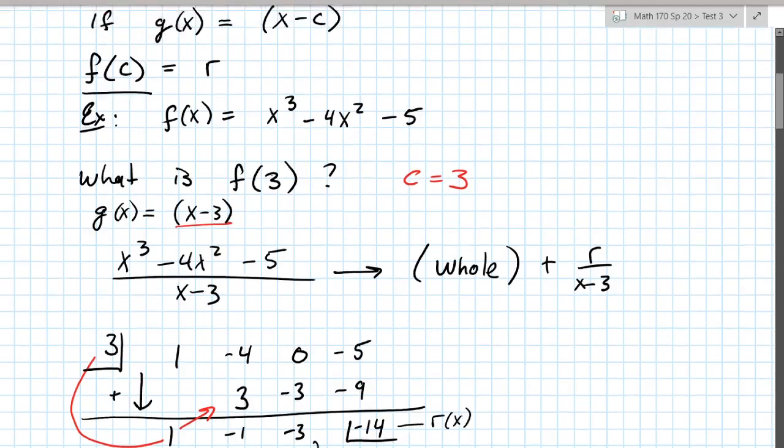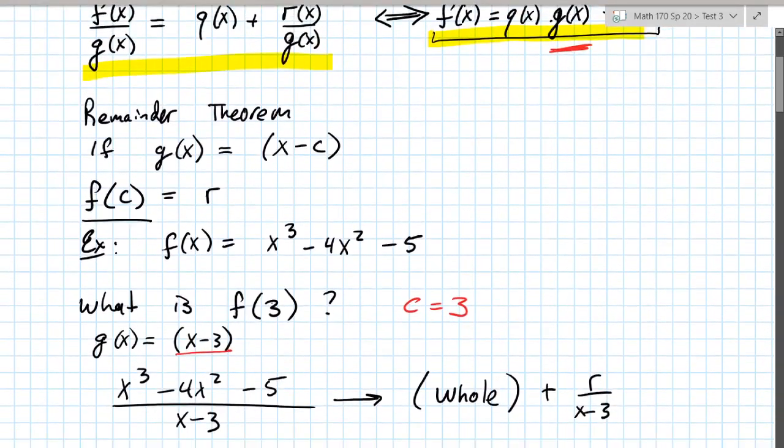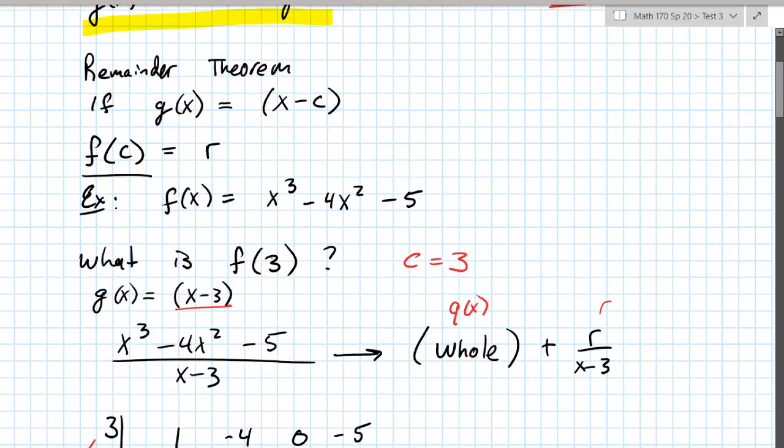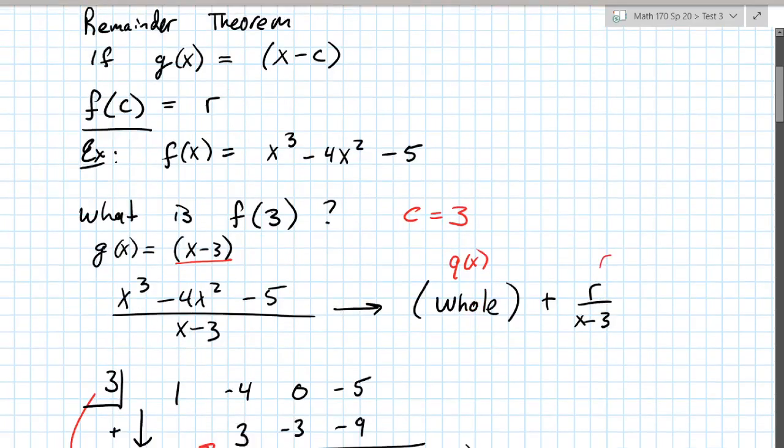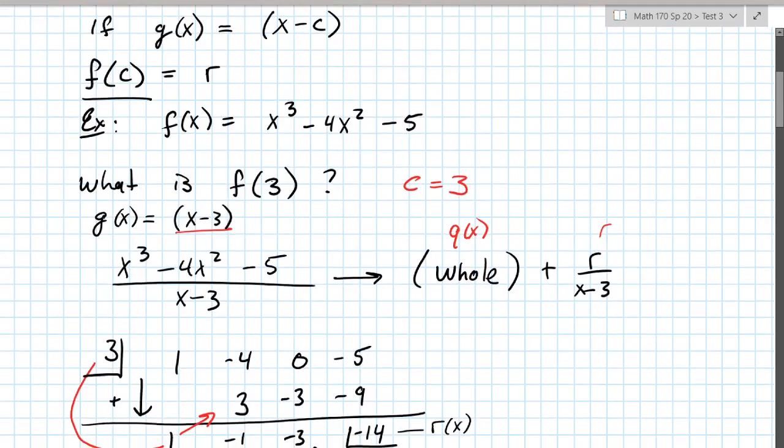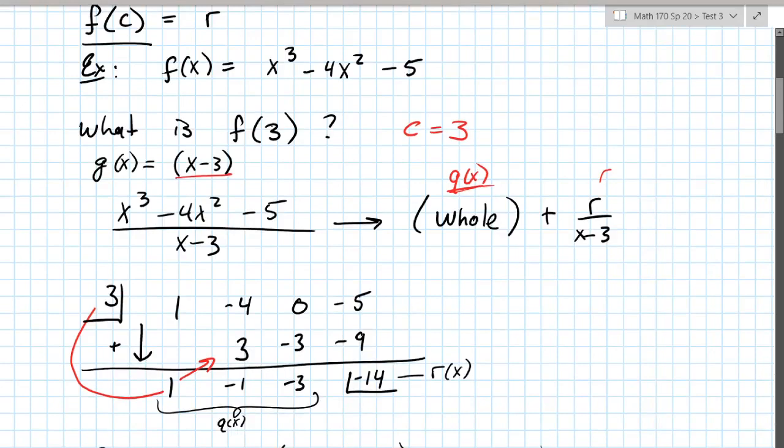Using the notation from above, the whole number part is q of x, and the remainder part is just going to be a number, r. We've done this previously when looking for end behavior of rational functions, looking at the q of x. Now we're going to switch it around and look more at the remainder part, the r.